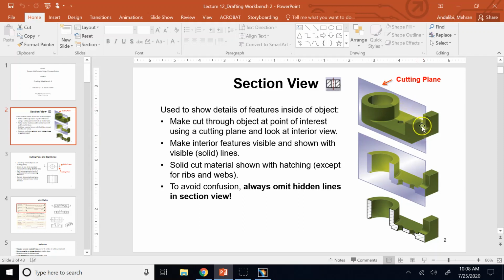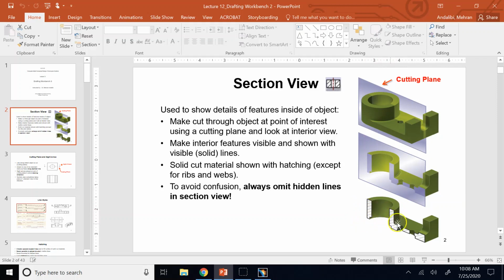So here, if you consider this part and this cutting plane, it basically chops the part in half, and if you look at the part behind the cutting plane, those areas of the part which coincide with the cutting plane, to show that it's a section view, we use these hatching lines, okay?